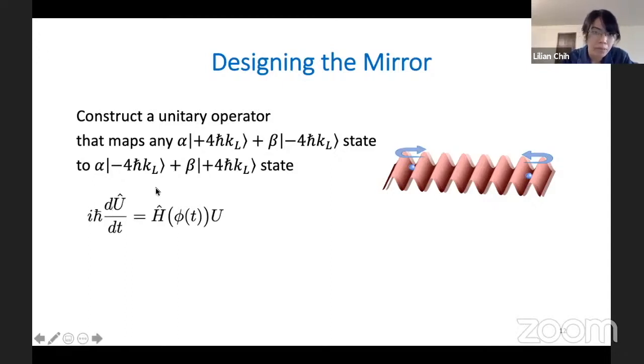The unitary operator follows the Hamiltonian evolution, and our mission is to design this φ(t) so that U realizes the mapping that I just mentioned. This problem is fundamentally different from the previous one because we have a target operation problem instead of a target state problem.